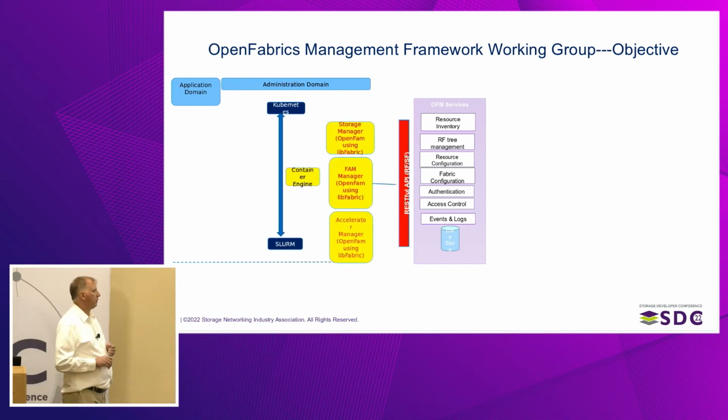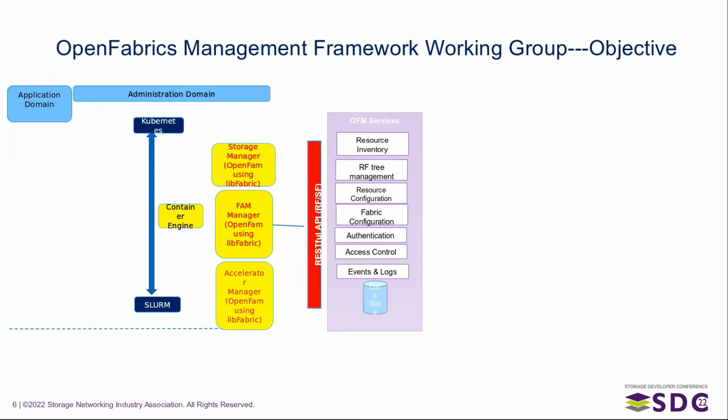So we've got composability managers, you got accelerators, container engines. In our case, we're looking at Kubernetes and Slurm talking to each other, and there's a container engine.